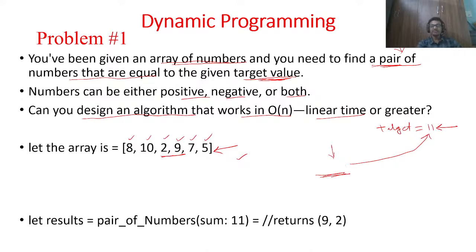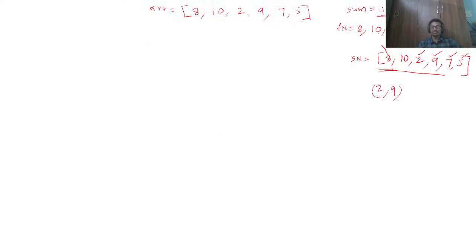Your approach returns the solution as 2, 9 or 9, 2. It is the same. So we identified a pair whose sum is equal to 11. Yes or no? This is our general approach. This is how we think and we start writing the code.